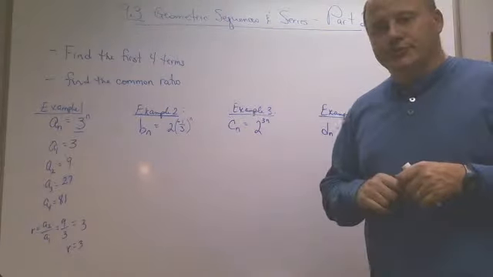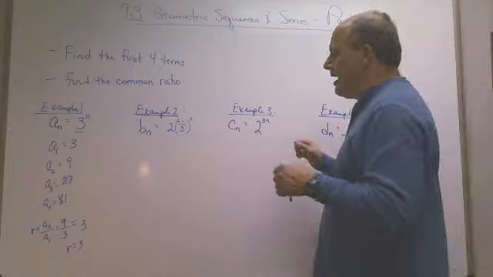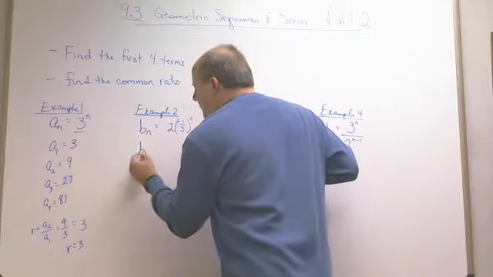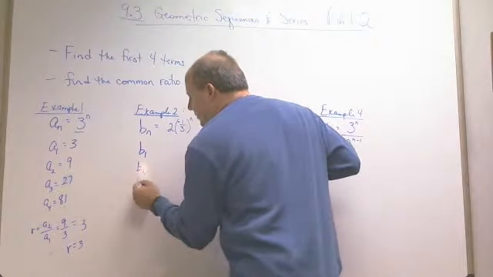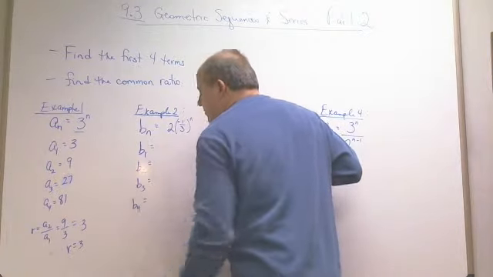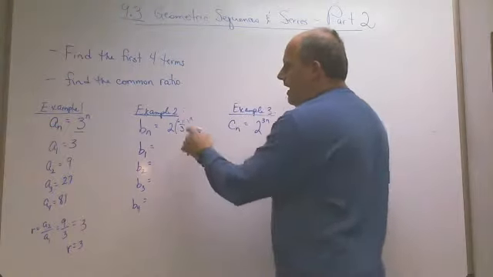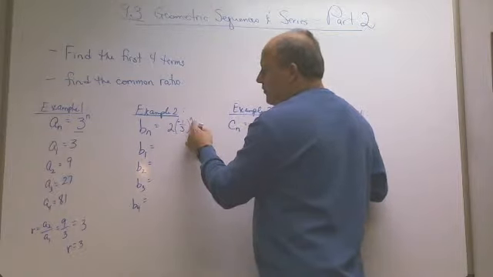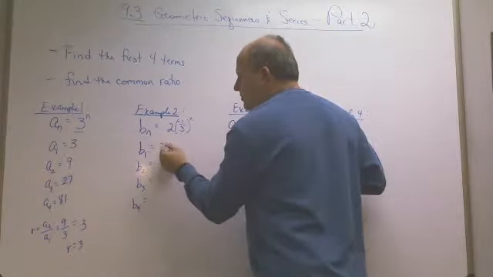Let's look at example 2. So example 2: b sub 1, b sub 2, b sub 3, b sub 4. You plug in 1, so it'd be negative 1/3 to the first, which is negative 1/3, times 2, so negative 2/3.